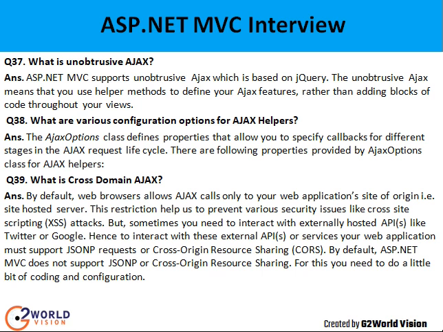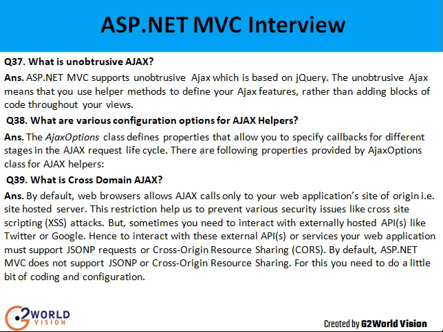What is cross-domain Ajax? By default, the web browser only allows Ajax calls to your own web application's site of origin, for example the site hosted on your server. This restriction helps to prevent various security issues like cross-site scripting attacks, but sometimes you need to interact with externally hosted services like Twitter and Google.